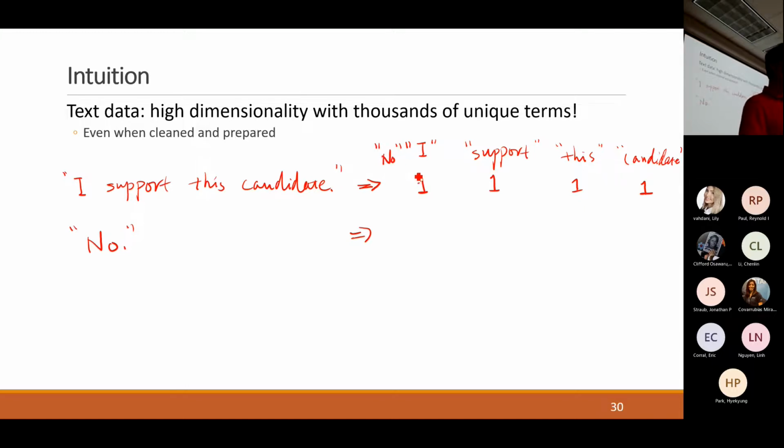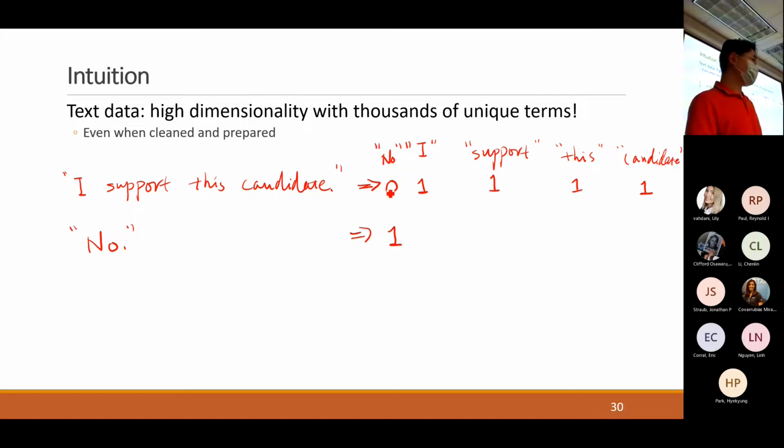So a bunch of dummy flag variables, and then this will be coded 1, but "no" will be coded 0 in the first data point. That's the way flag variables work. Then you will have to have 0 otherwise. So if you process 100 of these, you will probably have 100 columns.